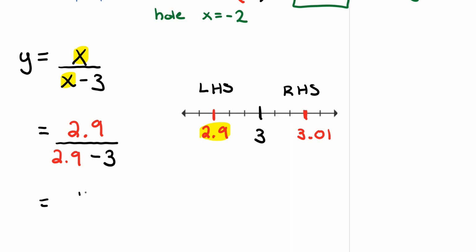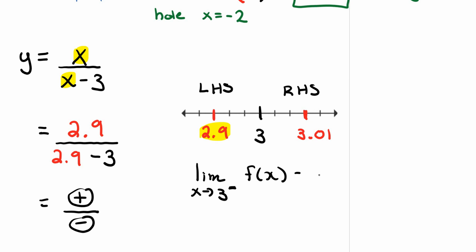The numerator is positive and the denominator is negative. So the limit as x approaches 3 from the left of f of x equals, well, positive over negative is going to be negative infinity.